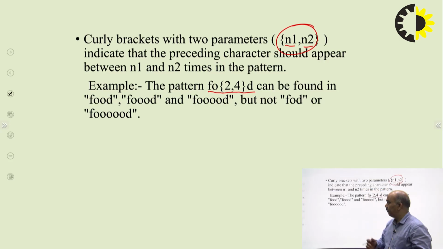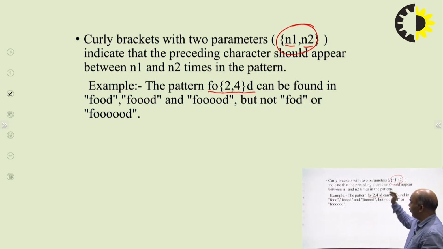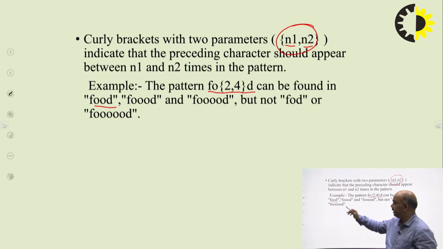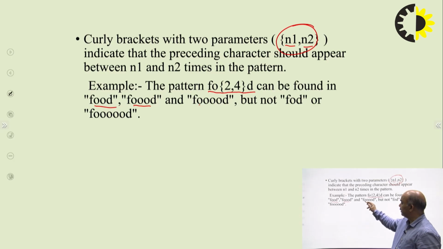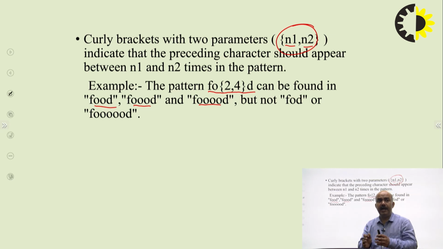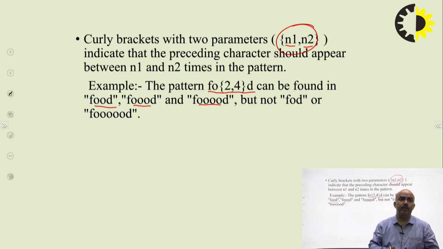So here it can be found because the minimum is 2, and 3 is acceptable because we have to identify either 2 or at most 4. Again, with 4 times, yes, it has been found. But if any string that we receive does not match these rules, it will not be validated.